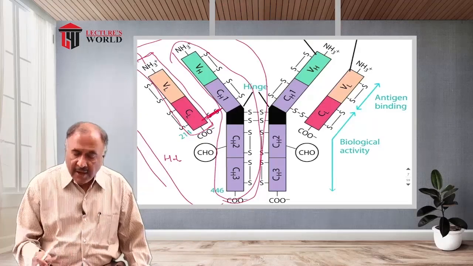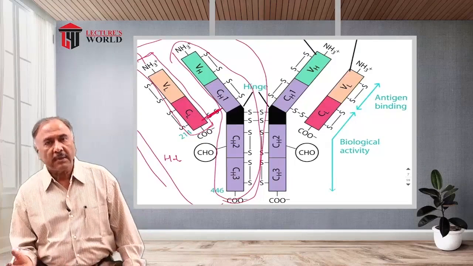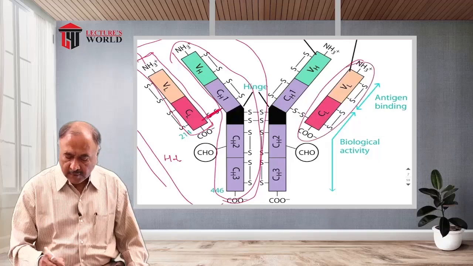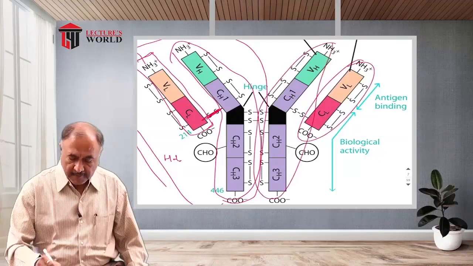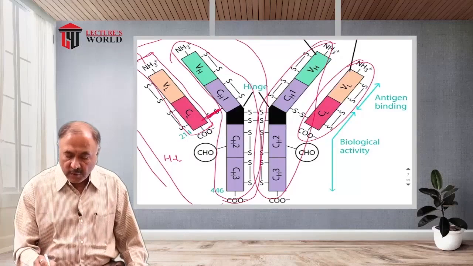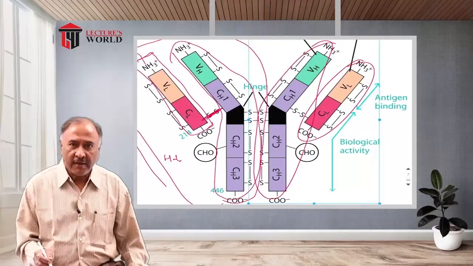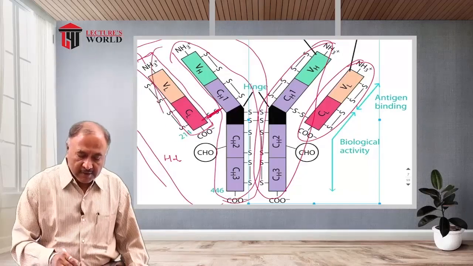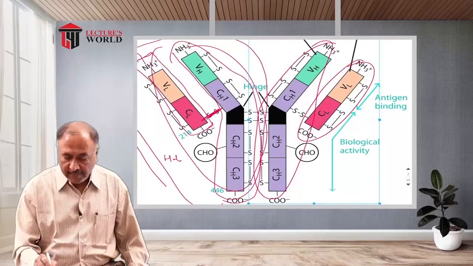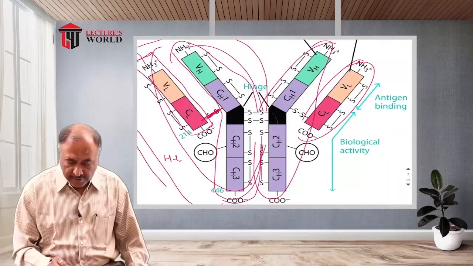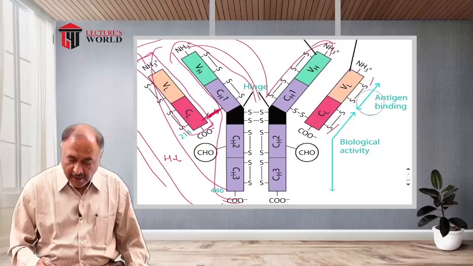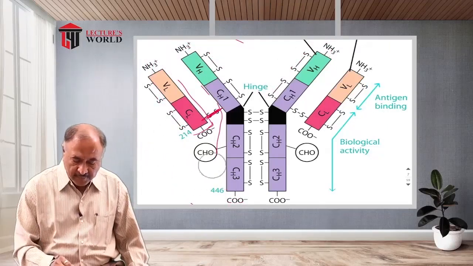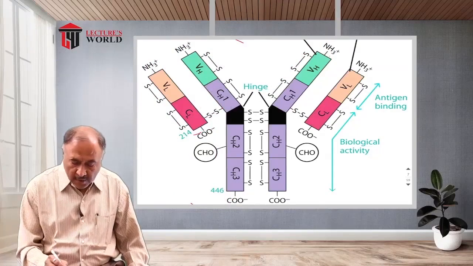And similarly, exactly in juxtaposition opposite to it, you have this light chain and this heavy chain. As we see in this diagram, this is one HL dimer, this is another HL dimer, and both of them are linked with one another by again certain disulfide linkages, which are as shown here.